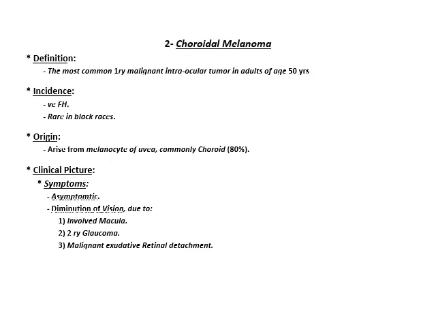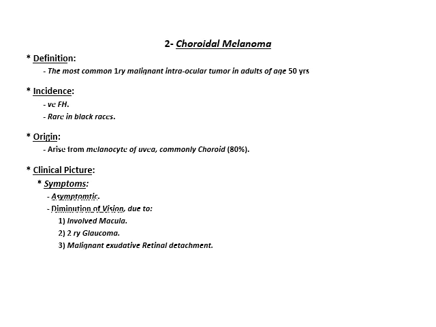The second important intraocular tumor is choroidal melanoma. Definition: it is the most common primary malignant intraocular tumor in adults of age around 50 years. Incidence: negative family history, rare in black races.